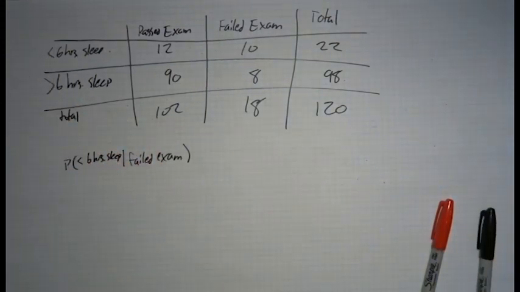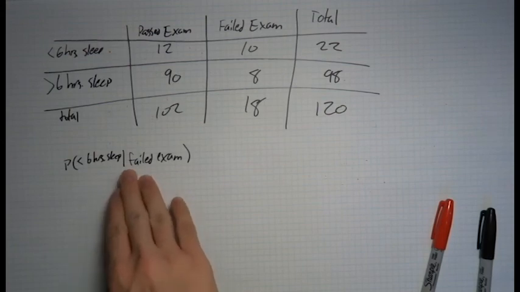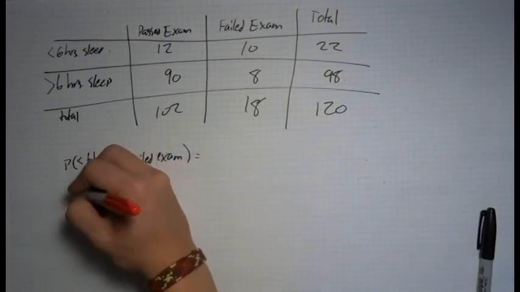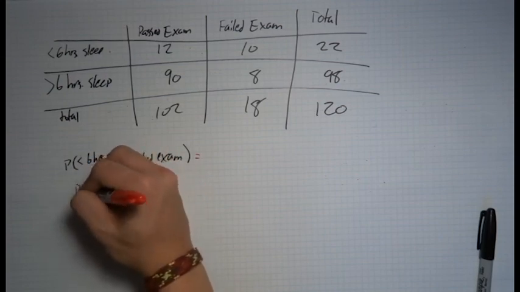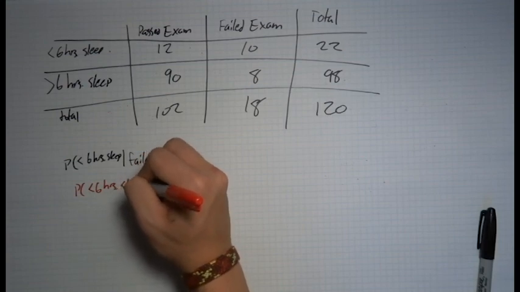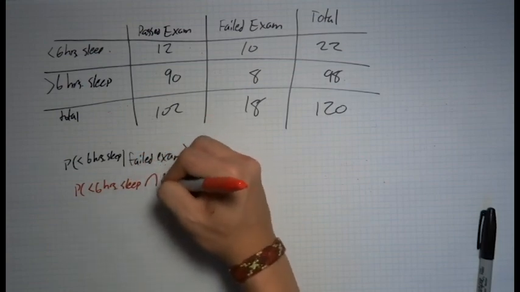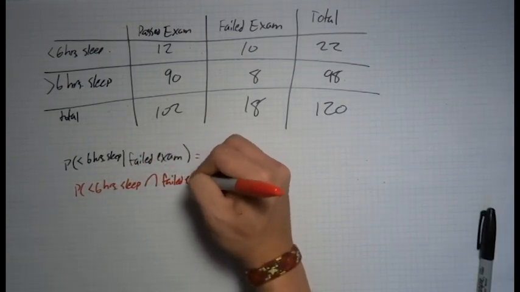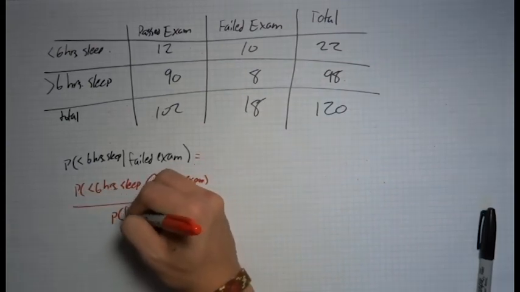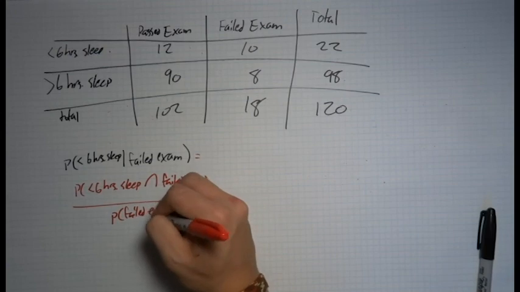All right, so given that they failed the exam, remember we have the probability of less than 6 hours of sleep and failed the exam, divided by the probability that they failed the exam.